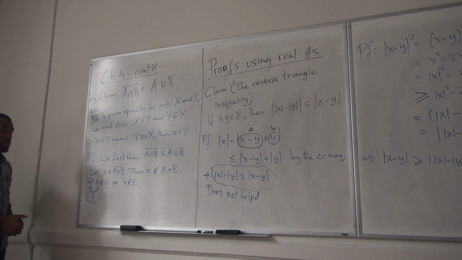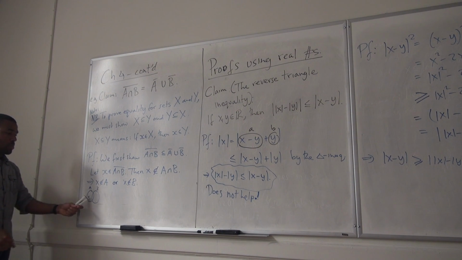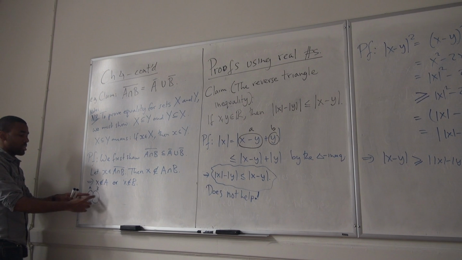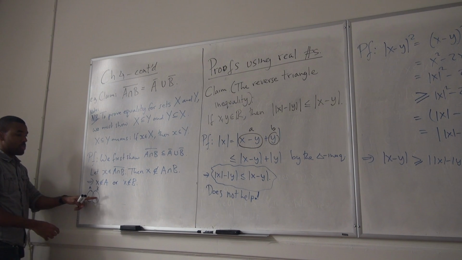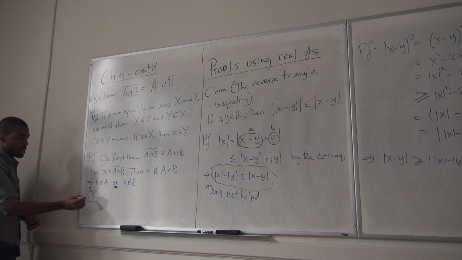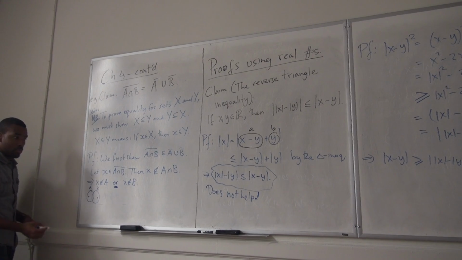Okay, so that's why we have to put an or, because you have to worry about these guys here, right? What if it's in A but it's not in B? It wouldn't be in the intersection. But what if it's in B, it's not in A, right? So that's where the or comes in. It's to deal with the situation where we're in either this area or this area, right?